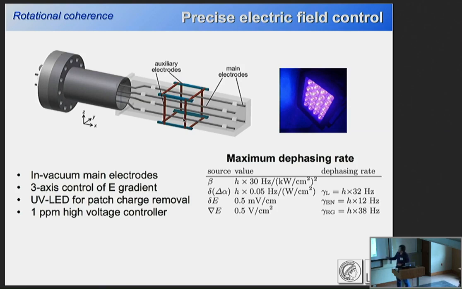Also, we use UV light to remove the charge accumulated on the glass cell, and a very precise high voltage controller to control the electric field. This is with the help of the junior group. So the maximum dephasing rate from the electric field and the light is typically 30 Hertz.